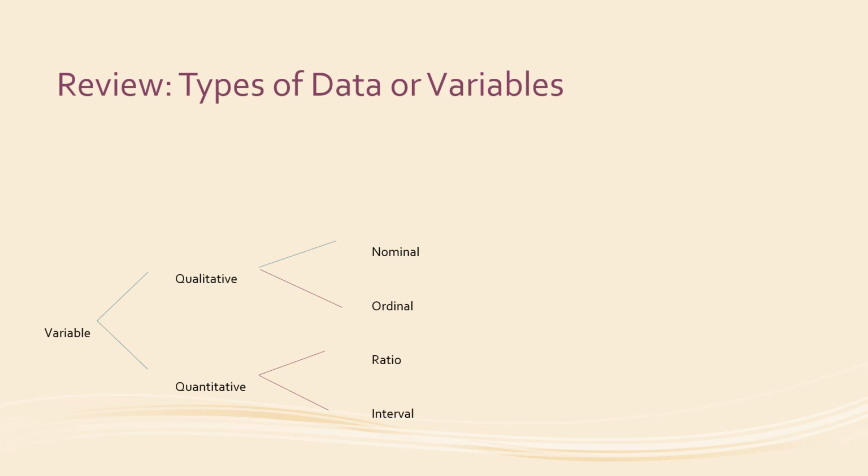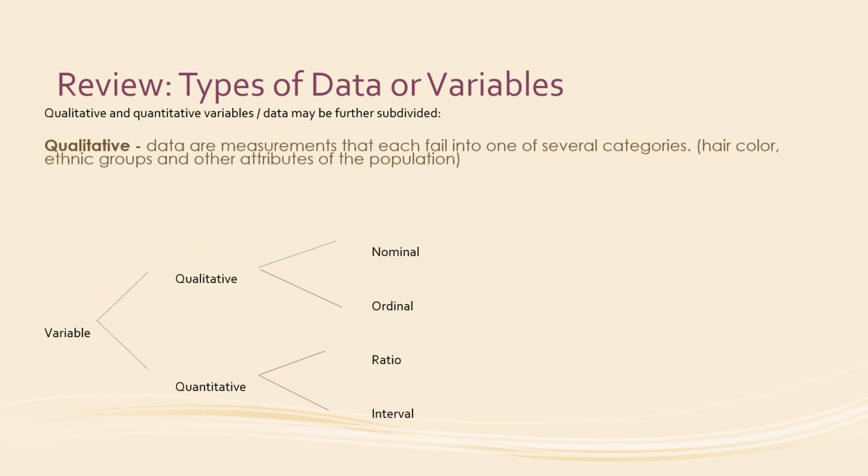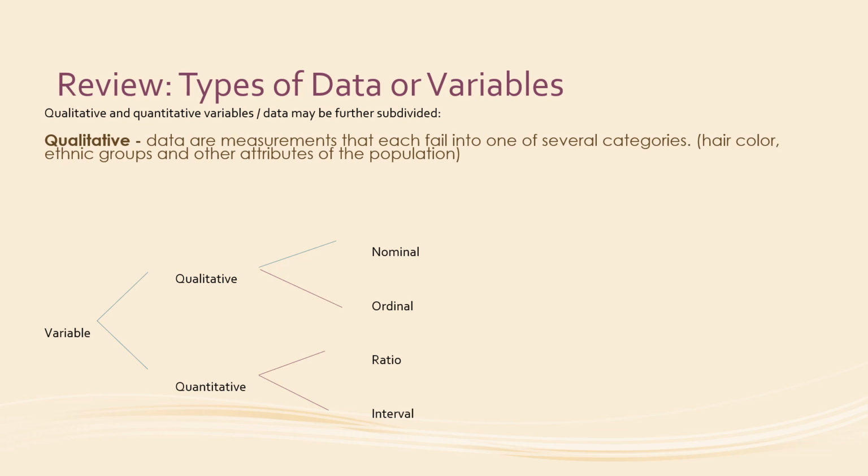Alright, so let us review our past lessons from the different types of data or variables, qualitative and quantitative variables or data. Now, what is a qualitative data? We know that qualitative data are measurements that each fall into one of the several categories like hair color, ethnic groups, and other attributes of the population.